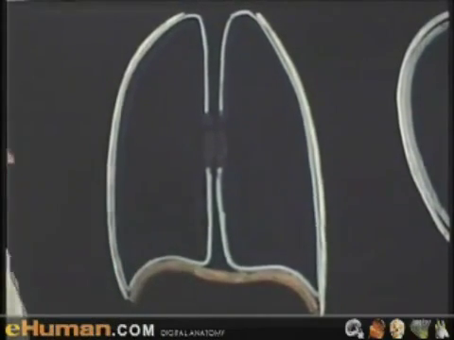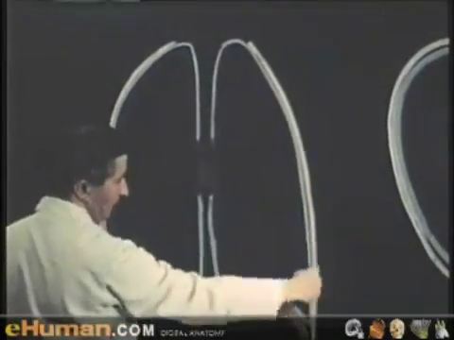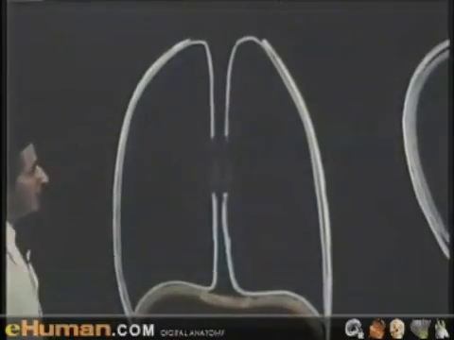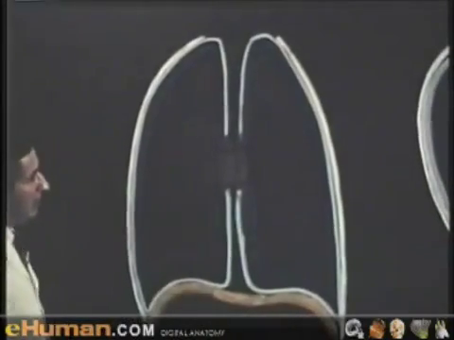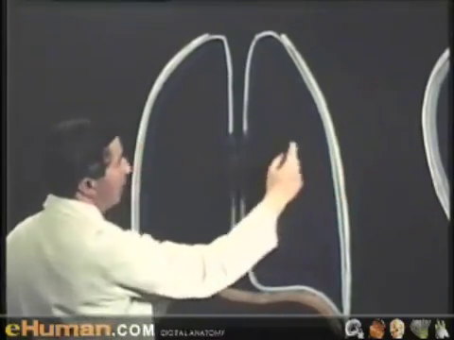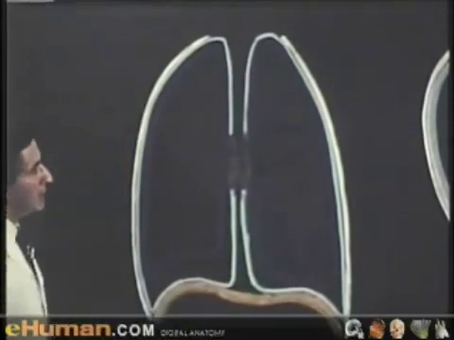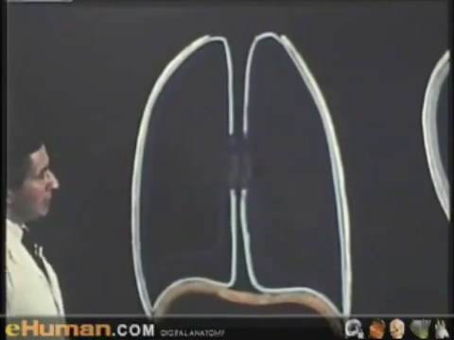Another point I wish to emphasize is the fact that the parietal pleura, the light blue area, is supplied by somatic nerves and therefore is sensitive to pain, temperature, touch and pressure, whereas the visceral pleura, shown in dark blue, is only sensitive to stretch.